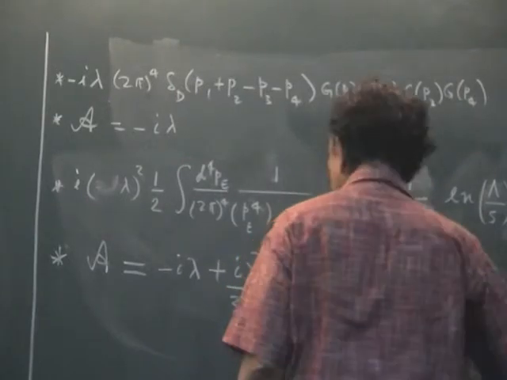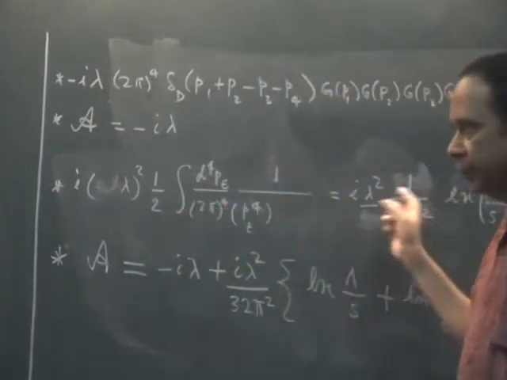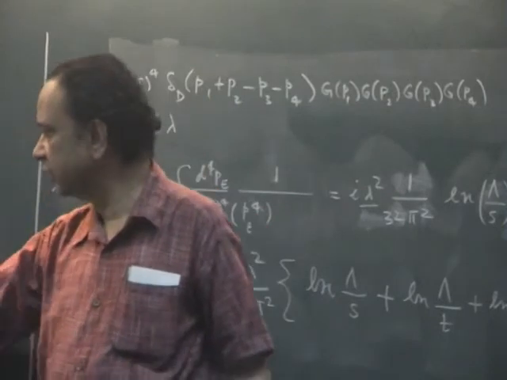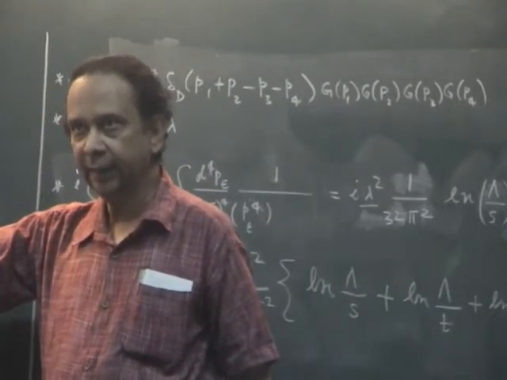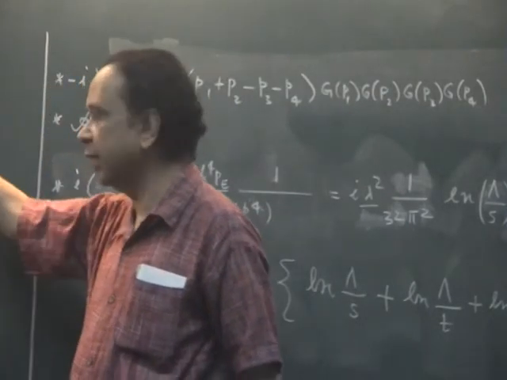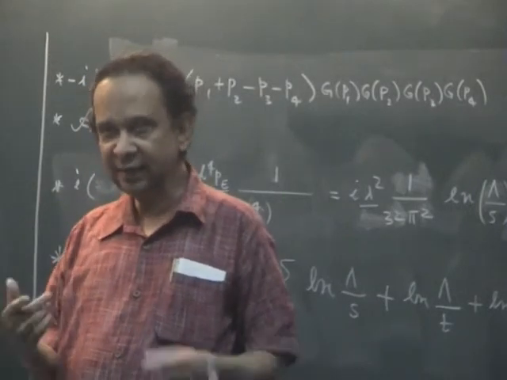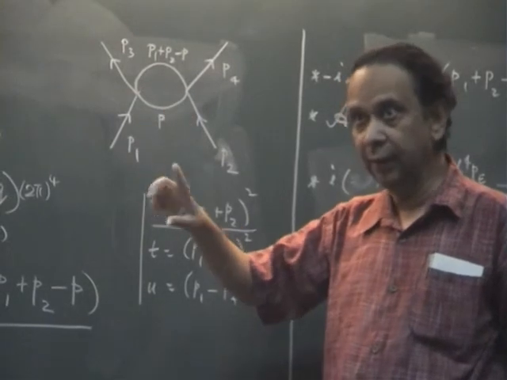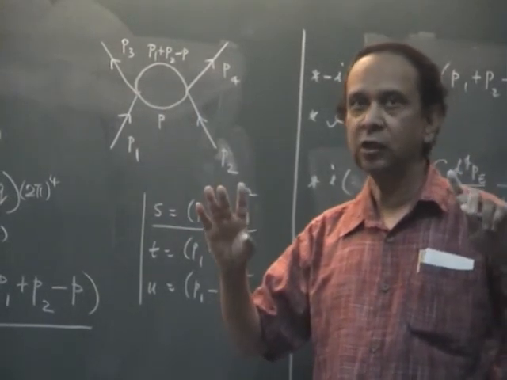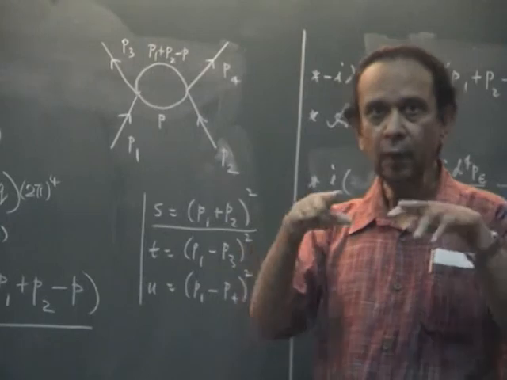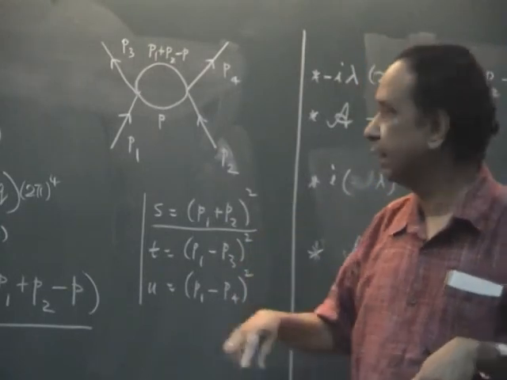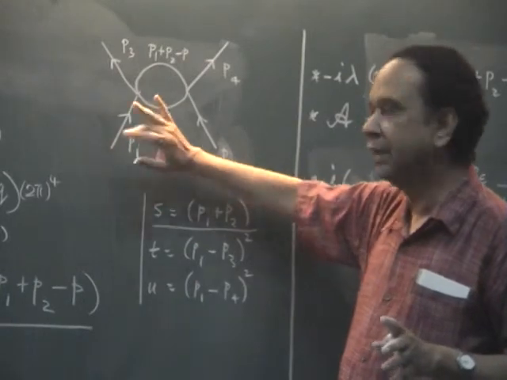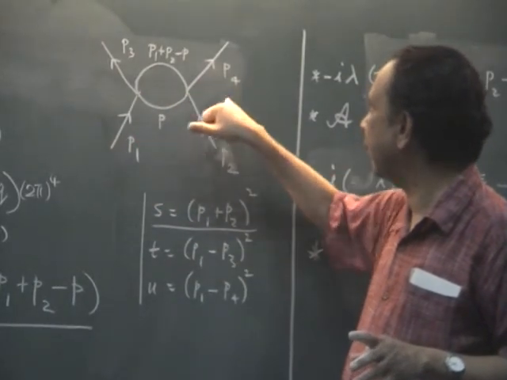Let me go through that argument once again. What we computed here is the process with P1 plus P2 sitting here. Correct? Then I said there are 2 more processes closely related to that which we have to count in, because we want to take into account all the 2 by 2 scattering processes. The other processes are obtained by retaining P1, and then instead of P2 replacing it by P4 or P3.